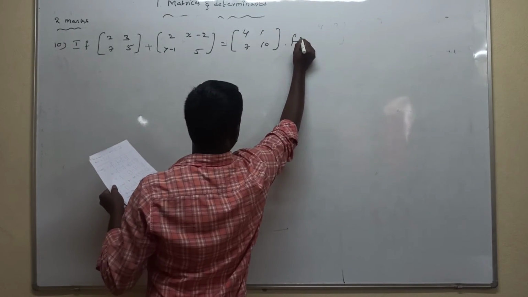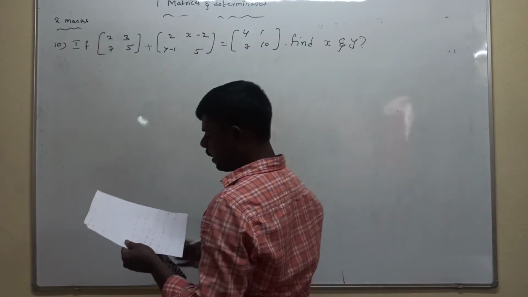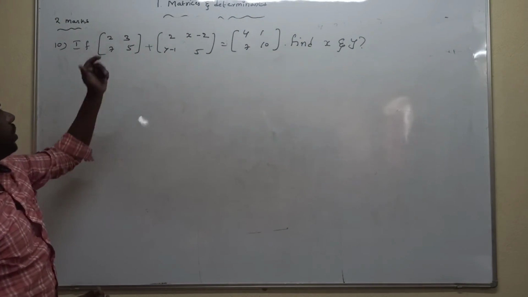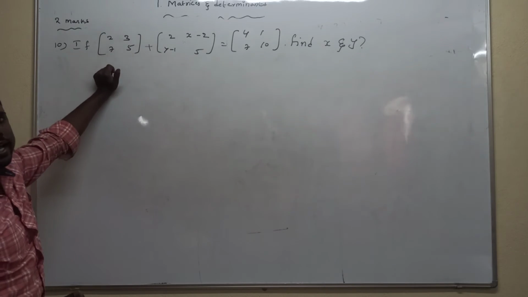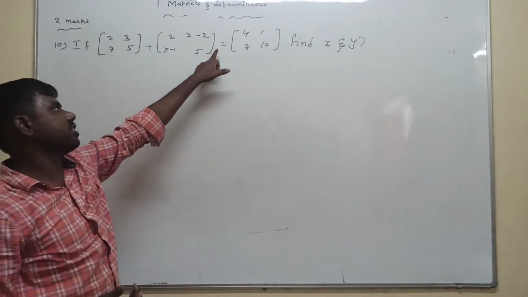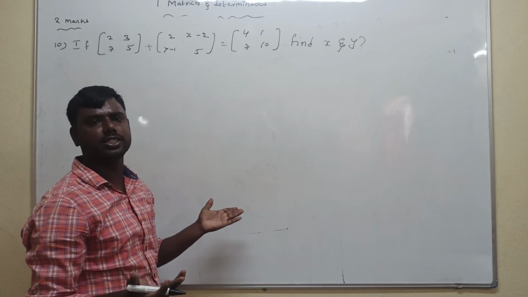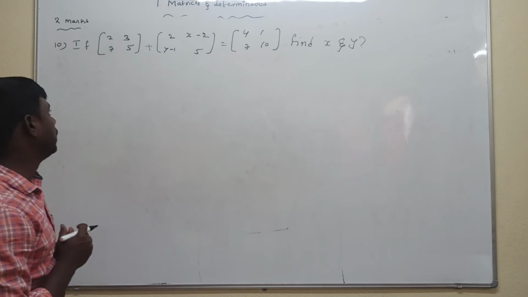Find the x value and y value. Observing this question, on the left hand side the given symbol is plus, so we add the corresponding elements. After that the given symbol is equal, so we equate the corresponding elements. After that we can easily calculate the x value and y value.